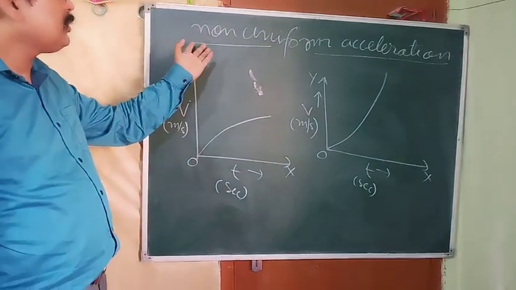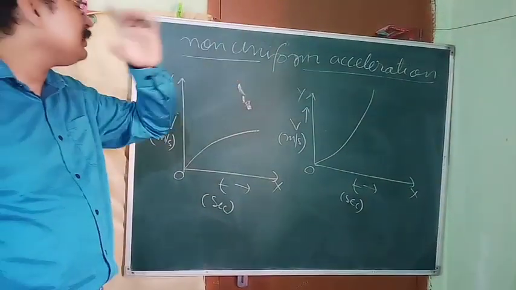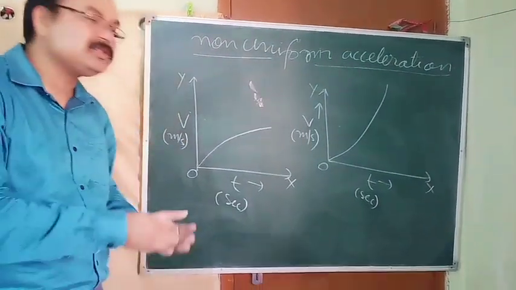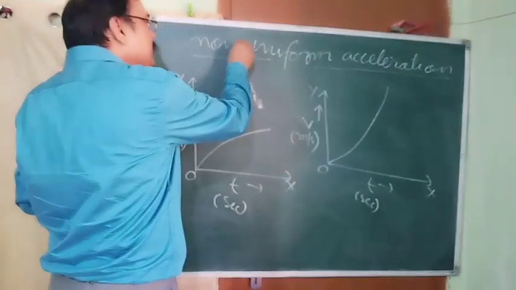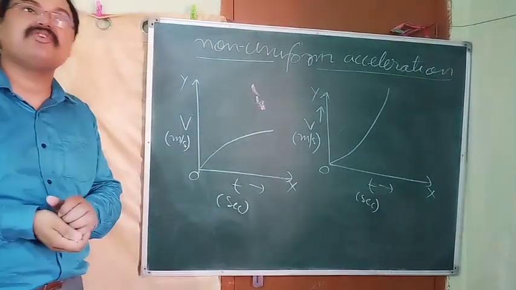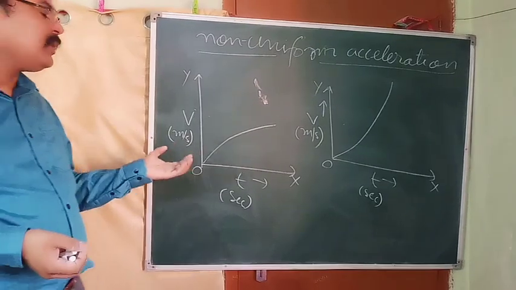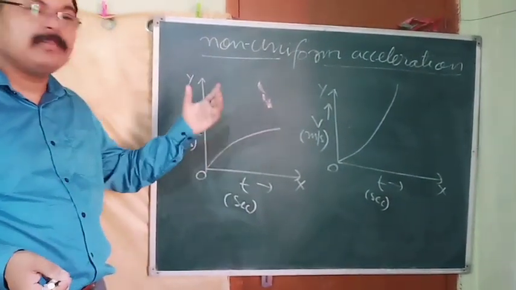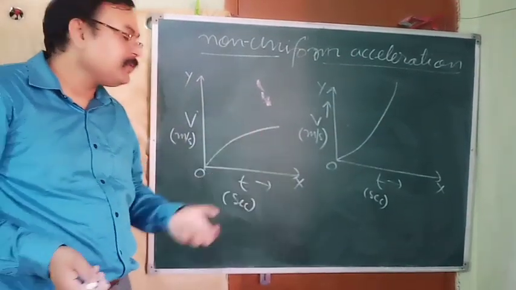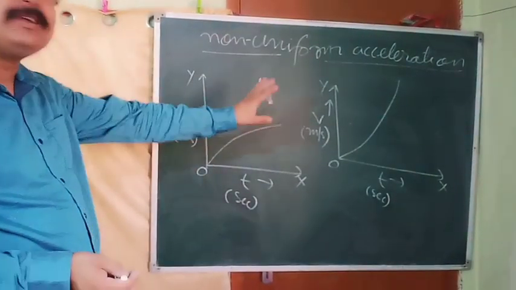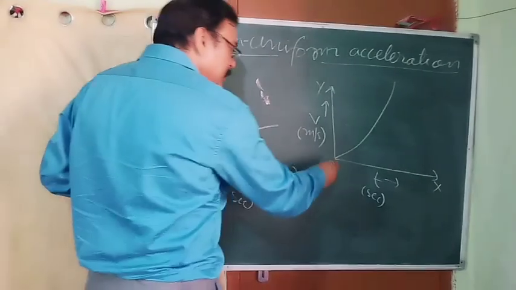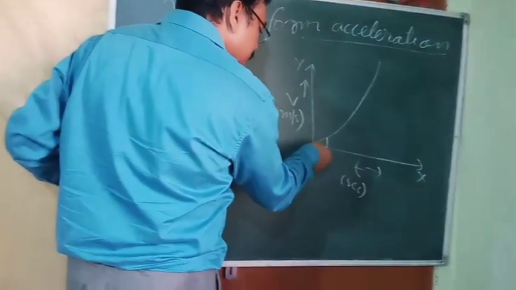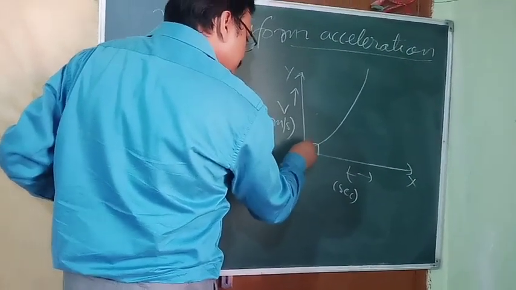Now we come to the next topic, that is non-uniform acceleration. When the acceleration of a body is non-uniform, it means it is not constant. That means the velocity of the body is changing in unequal amounts in equal intervals of time. So two possibilities are there. First, see here, if we take a particular time interval, in this time interval this much is the change in velocity.